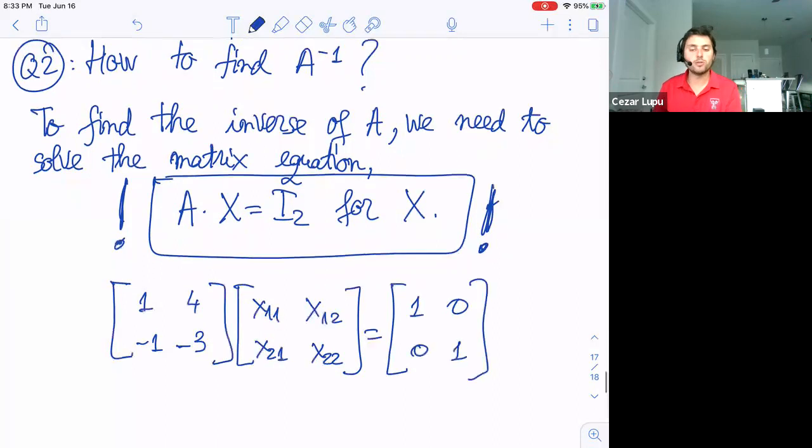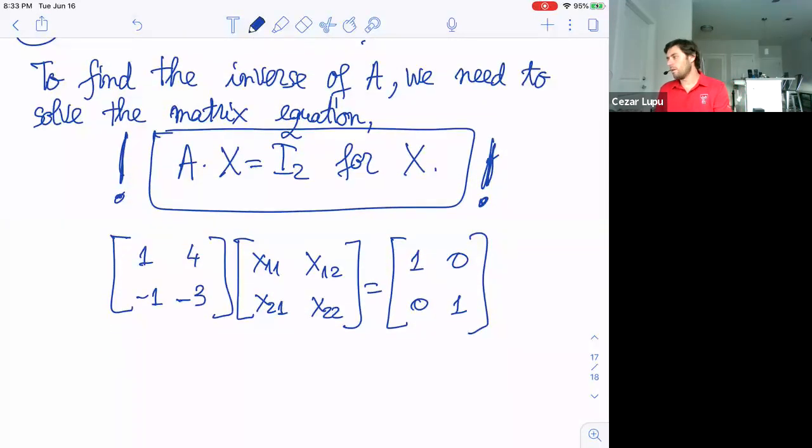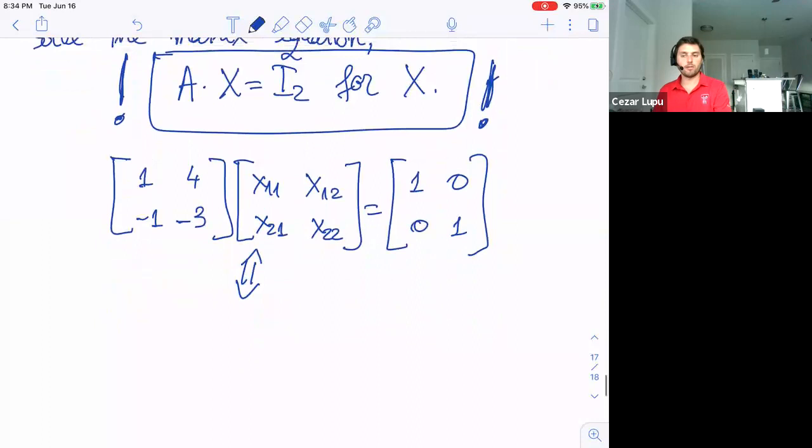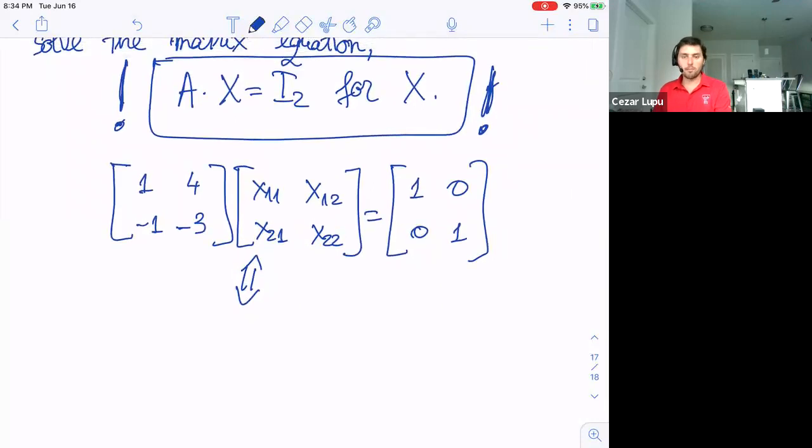And once we perform the usual matrix multiplication, we'll derive the following. We have 1 times x11 plus 4 times x21. So the first element will be x11 plus 4 x21. The second element from the first row will be x12 plus 4 x22.